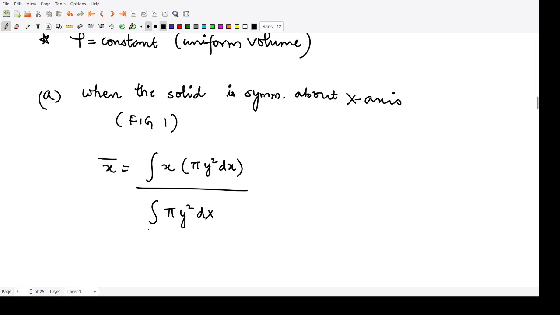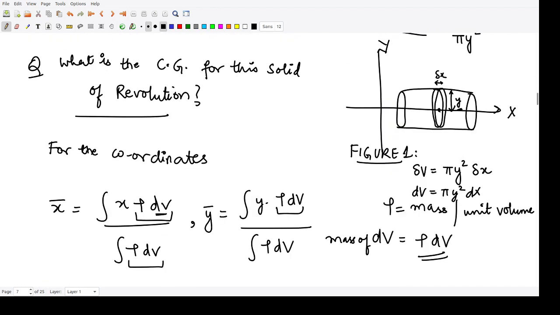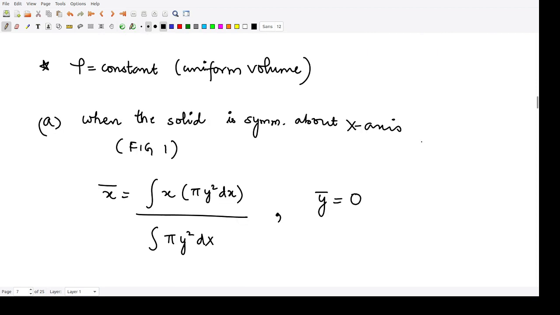So that is the total mass for this x coordinate. And what would be the coordinate for y? It would simply be 0, because in this case the center of gravity lies on the x-axis.